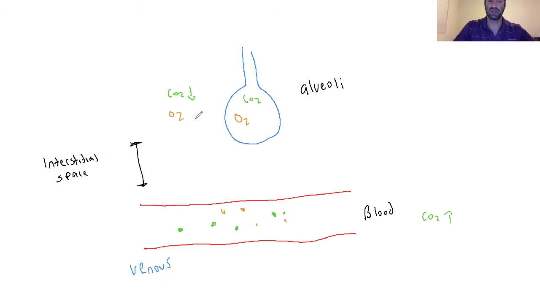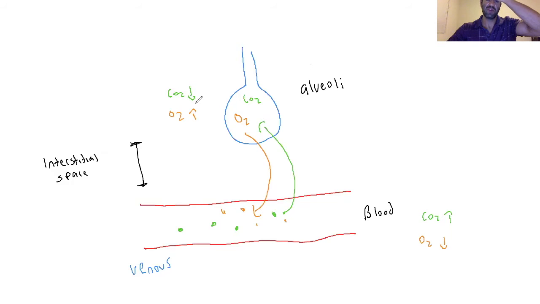Oxygen is in larger concentrations in the alveoli, and it's in smaller concentrations in the blood. So we have a concentration gradient. Gases also go down their own concentration gradient. What's going to happen here is that oxygen is going to diffuse into the blood, and CO2 is going to diffuse out of the blood and into the alveoli.